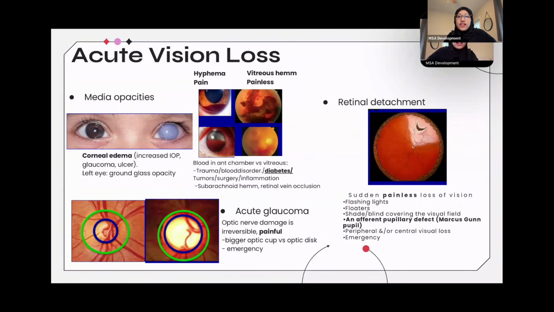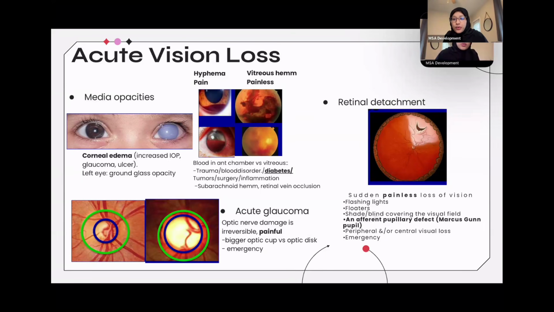So that's an emergency, and then there is another thing that can cause acute vision loss, which is retinal detachment. We saw the layers of the eye, right? The retina is the last layer. It can suddenly detach from the eye, and it can happen painlessly. The person will have other symptoms like flashing of lights or a blind covering of the eye.